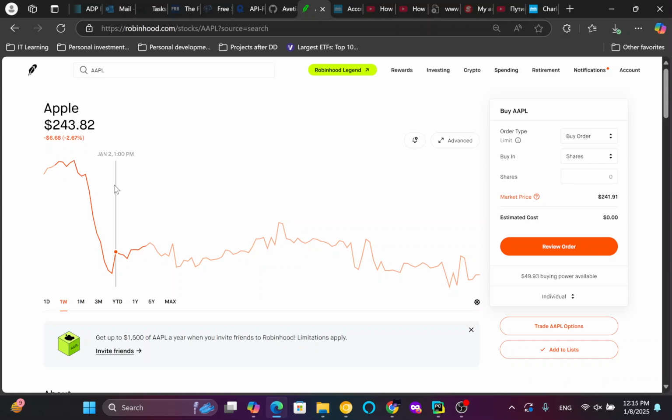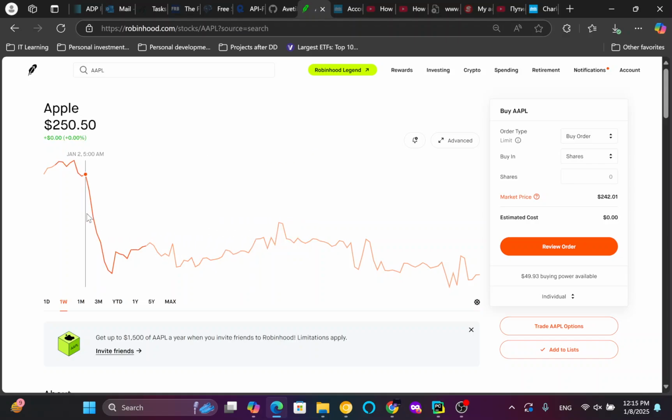The third category of impacting events are global ones, like political instability. On January 2nd, that also wasn't the case. Nothing changed politically in the United States which could affect the Apple stock going down.